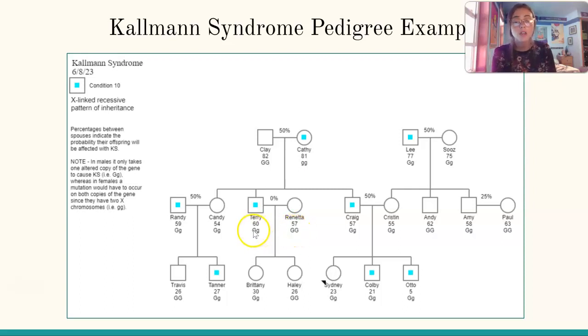Over here, although her husband is affected because his X chromosome is affected, even if he passes on this recessive allele to his daughters, the X chromosome they're getting from the mother is dominant, and so that will not be enough to affect their daughters and their sons, because she, again, is passing on a dominant allele, and then that Y chromosome that they would get from their father is, of course, not affected because it can't be on the Y chromosome.